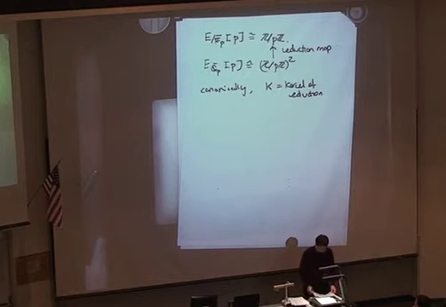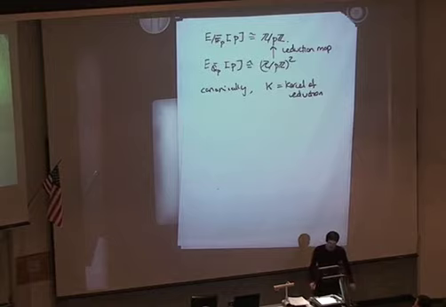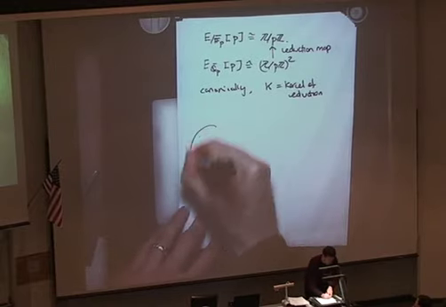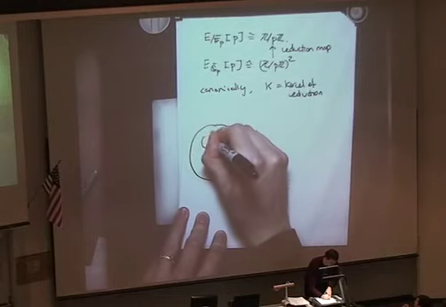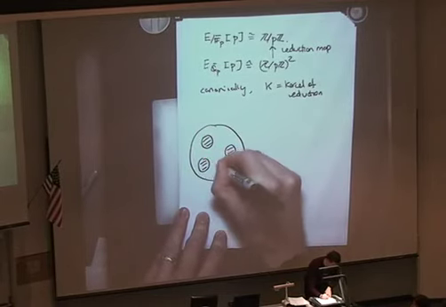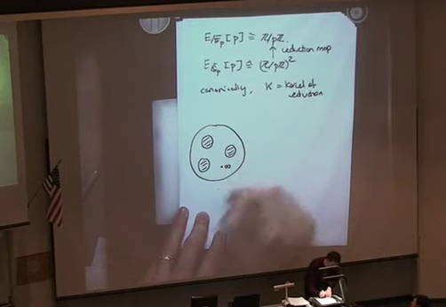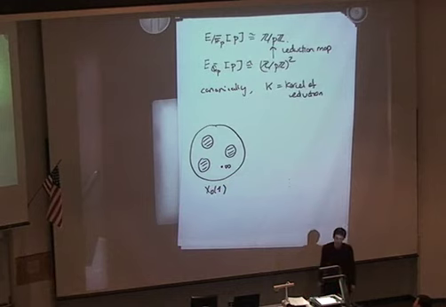So I think I want to describe this in terms of a picture to sort of explain what's going on. So I'm going to go back to my Swiss cheese. I want to have the following situation. Here again is X_0(1), a picture of it.